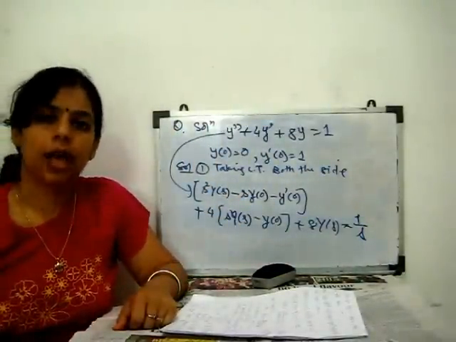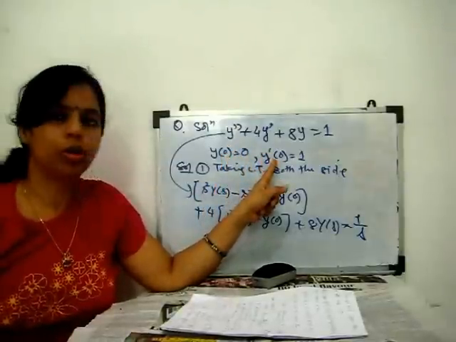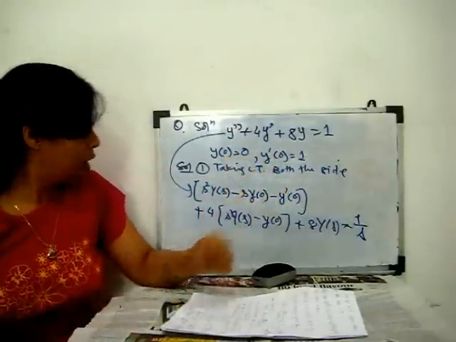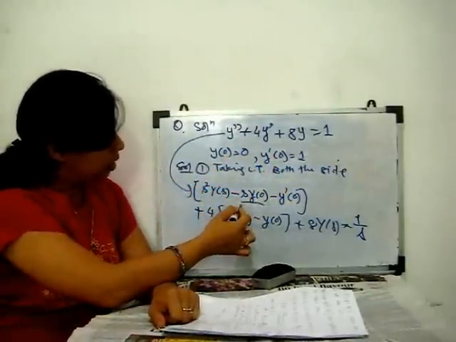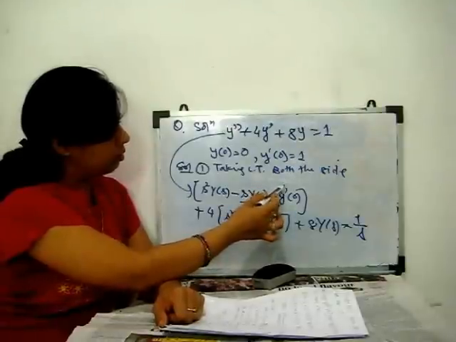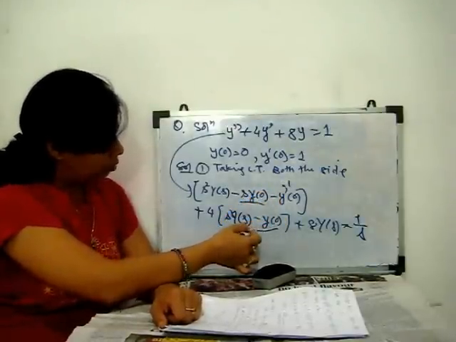Clear? Step 2, substituting these initial values. So here this term goes 0, this is equal to 1, this term goes 0.